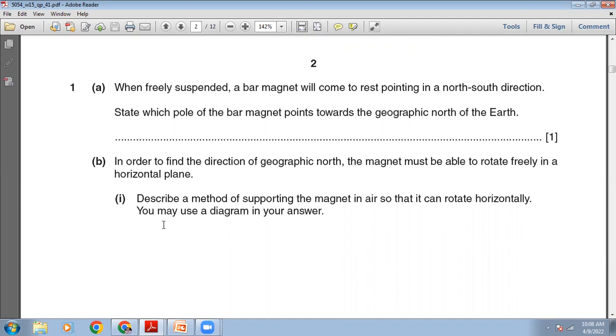So when you suspend a bar magnet with the help of a thread or something else, that bar magnet, when suspended freely, will always align itself with the magnetic lines of the magnetic field of the Earth. So the north of the bar magnet will be pointing towards the geographic north of the Earth.